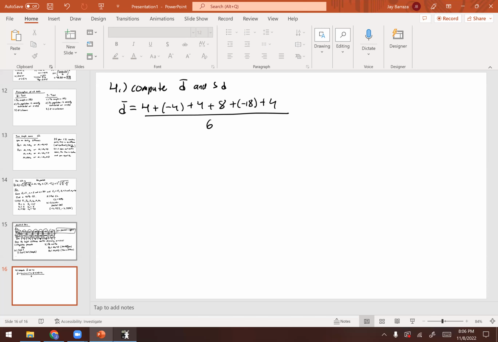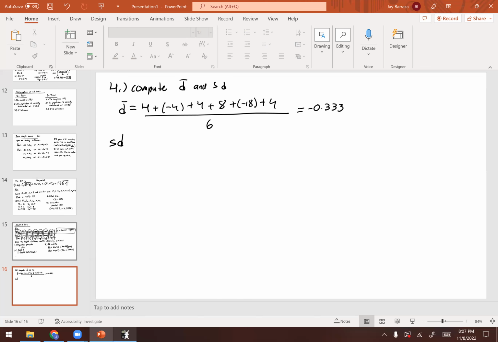If I calculate that off to the side: 4 plus 8 plus 4 minus 18 is negative 2. So negative 2 divided by 6 is negative 0.333. Just want to verify that one more time: 4 minus 4 plus 4 plus 8 minus 18 plus 4 divided by 6. Yep. So that's my D bar.